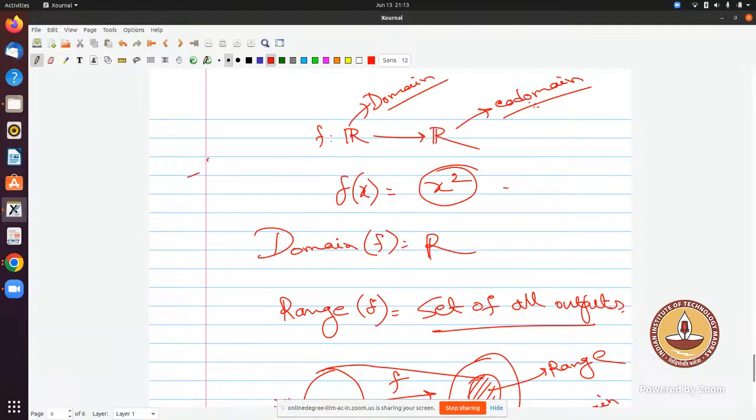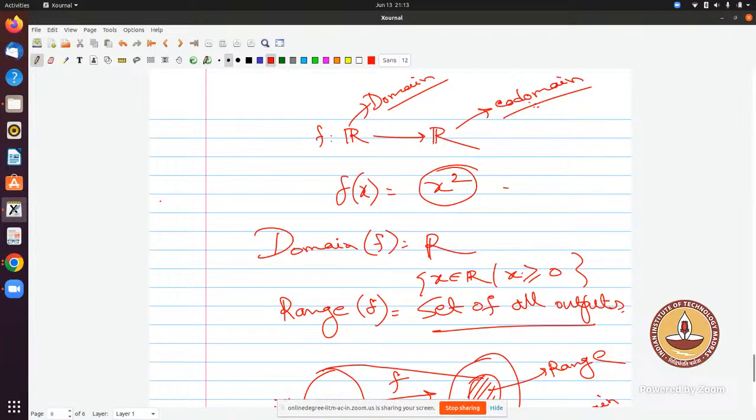Suppose I take -2, it cannot be an output of this function. There is no input for which I get -2, because the square of a real number is always positive. So our range is the set of real numbers x such that x is greater than or equal to 0. This is inside R, inside the codomain, but it is not the whole codomain.